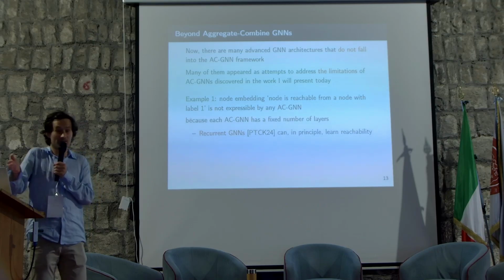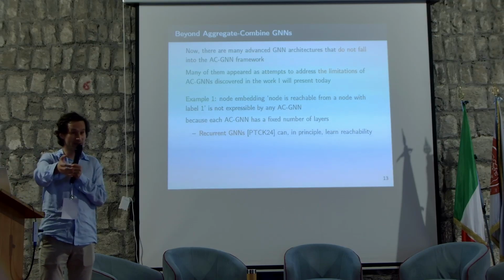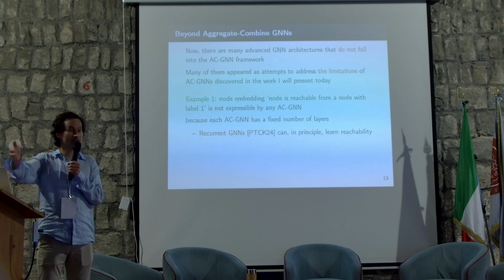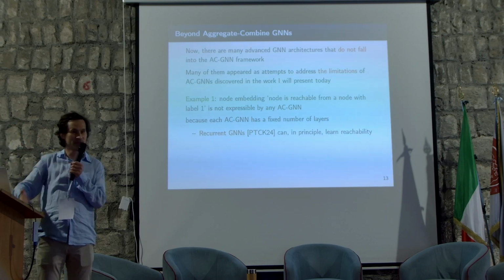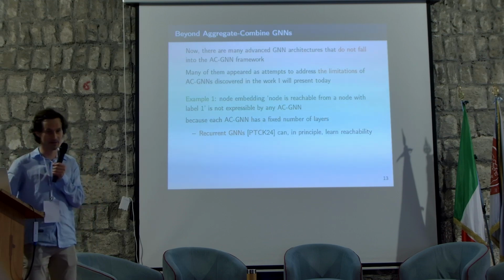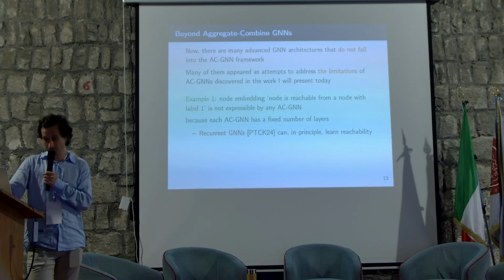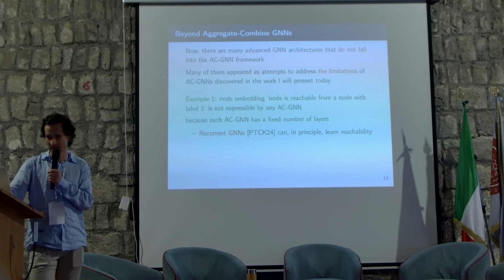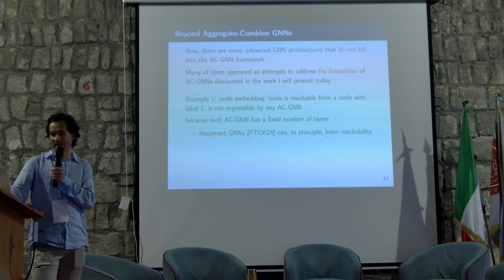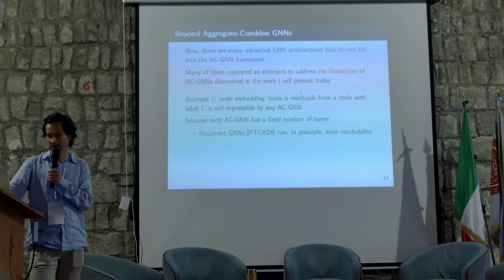Why? Because each GNN has a fixed number of layers, only like 5, and reachability needs to look arbitrarily far. For different graphs, it may be arbitrarily far. If it is 5 layers, it's just 5, but this distance for reachability may be arbitrary.